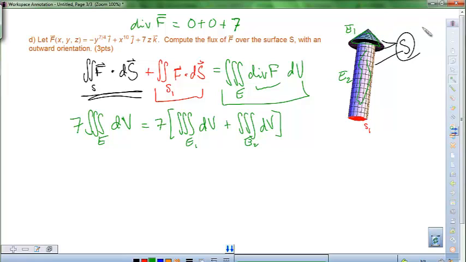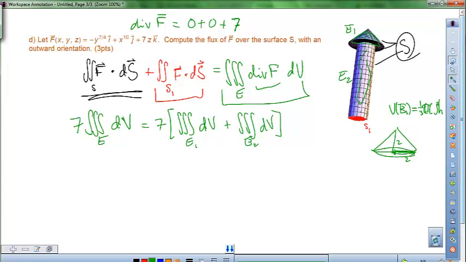So let's take a look at this cone. This cone goes from 8 to 10, so it has a height of 2, and then the radius out here, we figured that out, and that was 2 also. So the volume of the cone, V of E1, is going to be 1/3 pi r squared h.